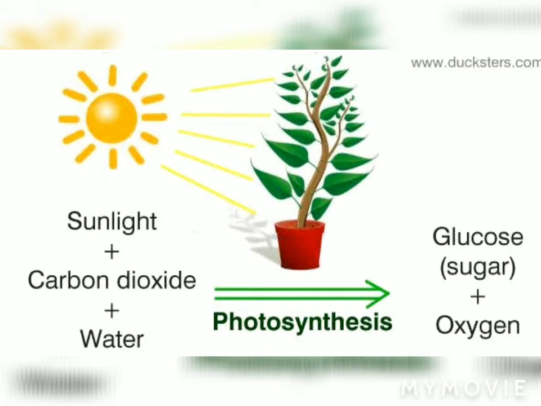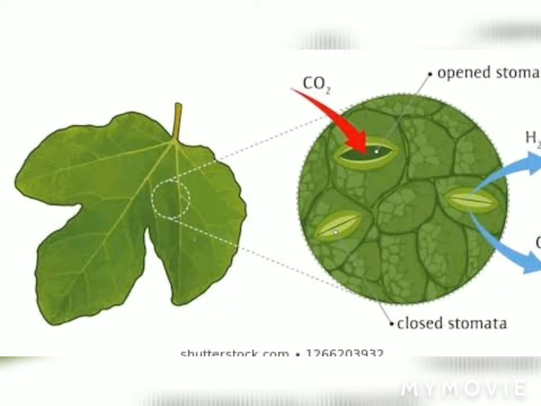Therefore, all the raw materials like water and carbon dioxide must reach the leaf. Water and minerals present in the soil are absorbed by the roots and transported to the leaves.